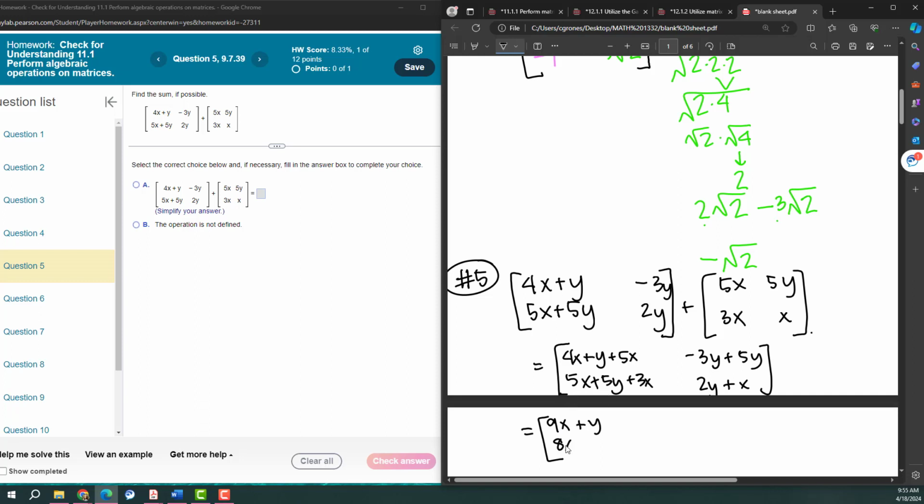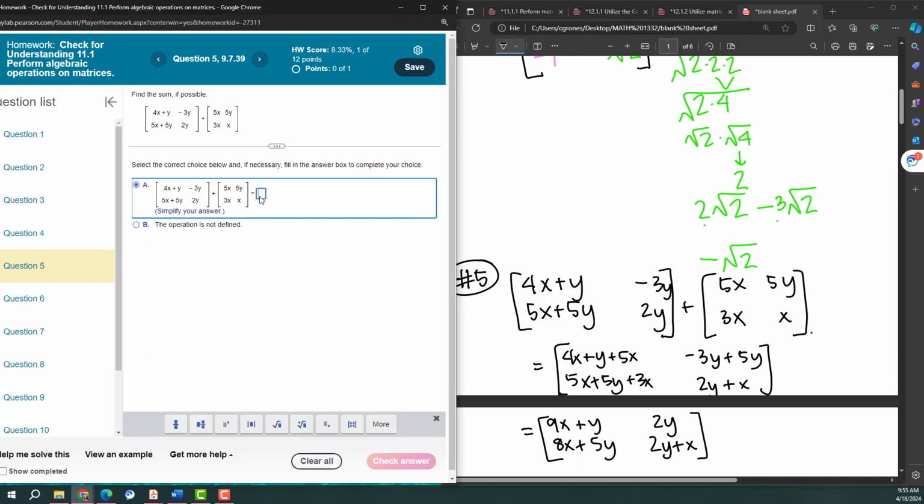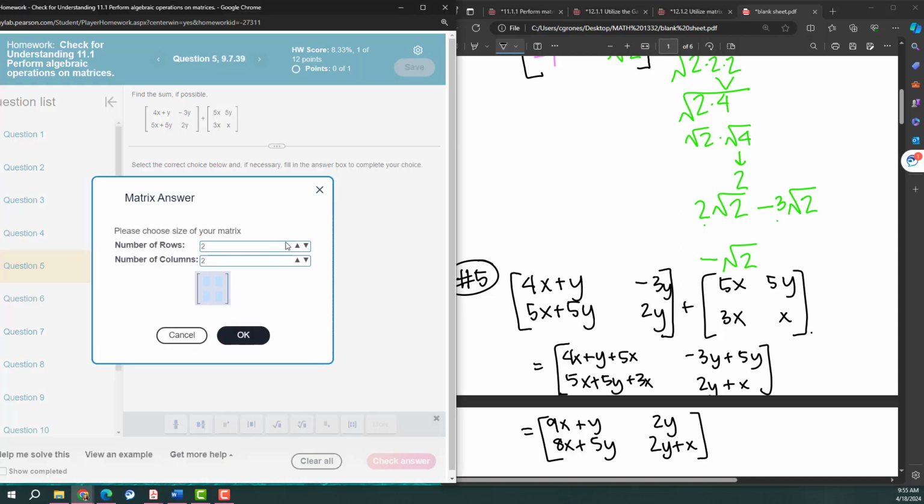And then we have 8x plus 5y. And then we have 2y. And then the bottom one, we cannot join our values together, so 2y plus x, or we'll put x plus 2y. The order shouldn't matter.